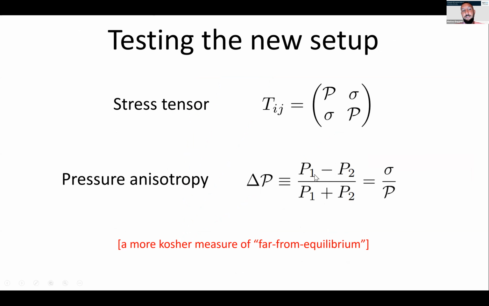It turns out that this quantity is just the value of sigma divided by p, which makes a lot of sense. Remember the equilibrium fluid is isotropic, so there is no off diagonal. So if the off diagonal becomes as large as the pressure, the diagonal, then definitely you are far away from your initial equilibrium configuration.